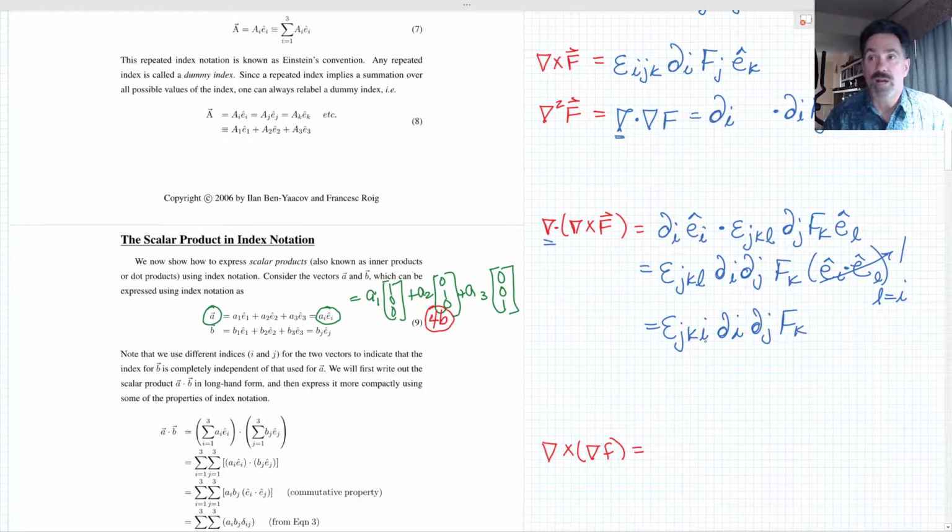Now at this point, I could rearrange, again using the swaps. I could swap k and i, and then swap j with i, and I'd have epsilon_ijk. Because I did 2 swaps, I would still have an even permutation, which means I don't have to put the negative sign out in front. It's already taken care of.